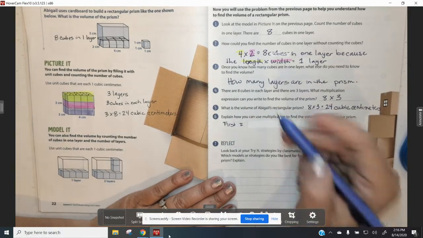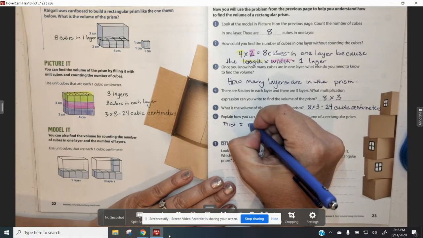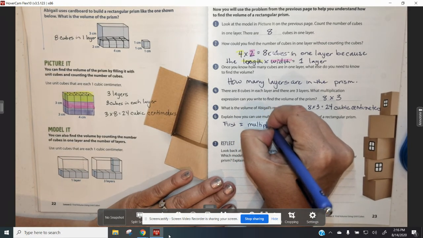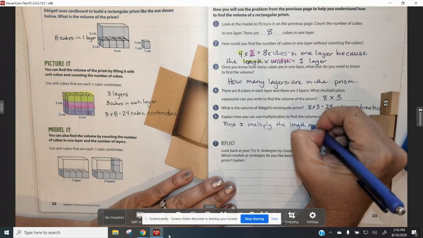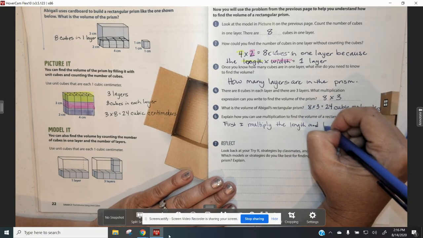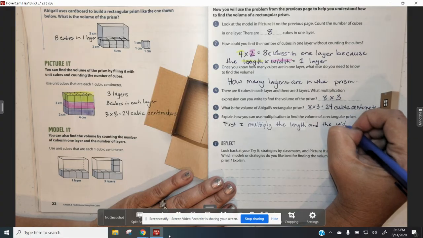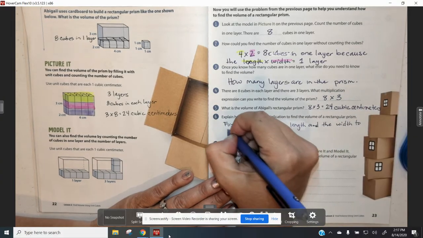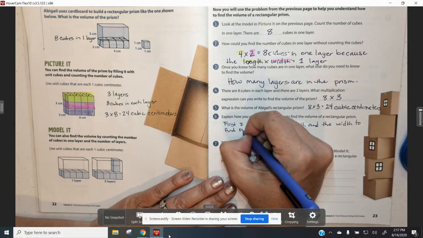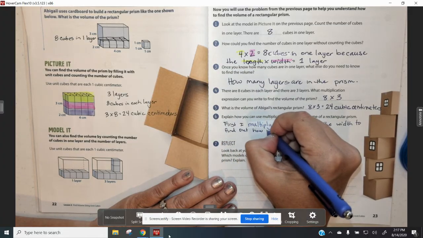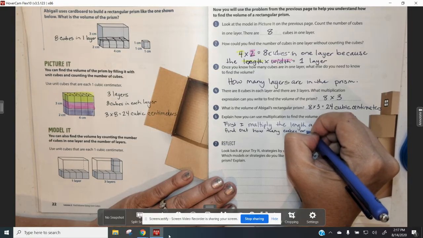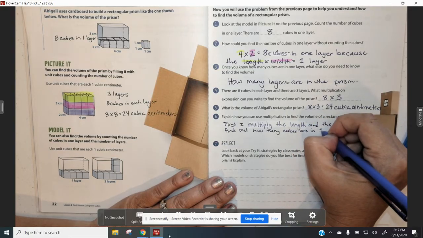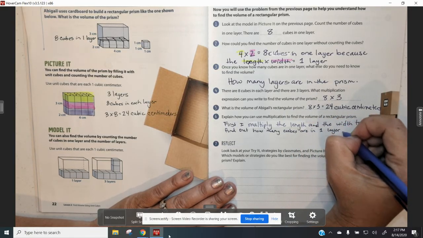First, I multiply the length and the width to find out how many cubes are in one layer.